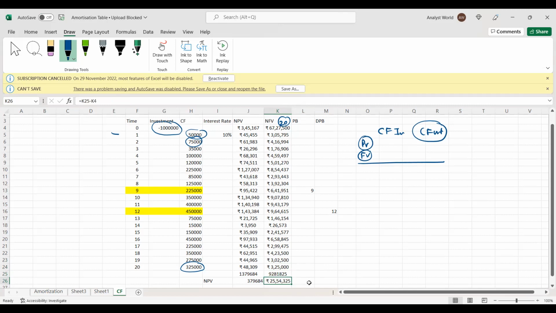All right, so now that we have known this, what I want you to do is to switch on your calculator and press second and press clear TVM and press clear work. What I want you to do is to first press second, clear TVM, and then again second, clear work.